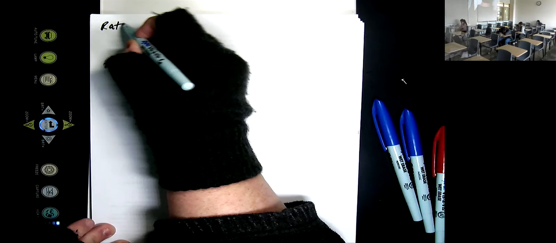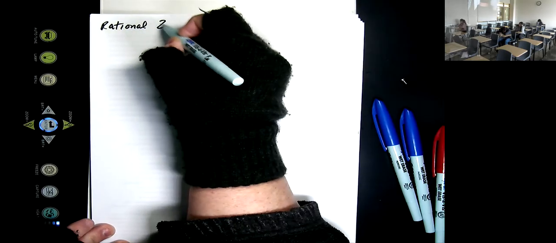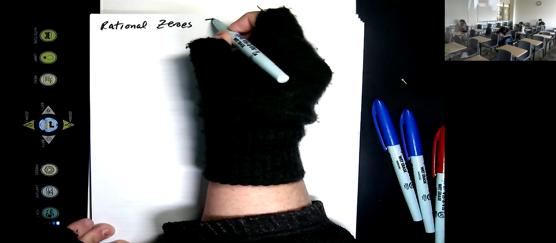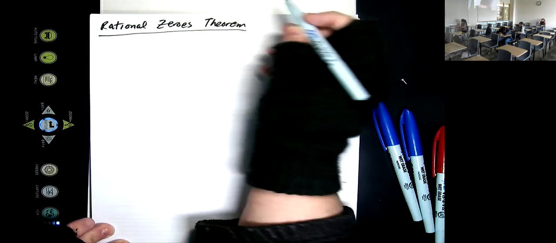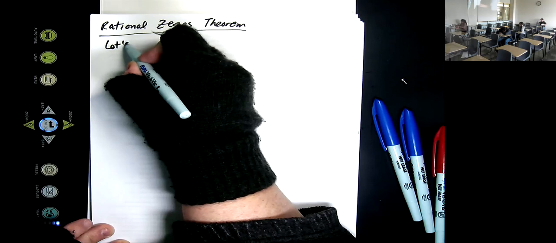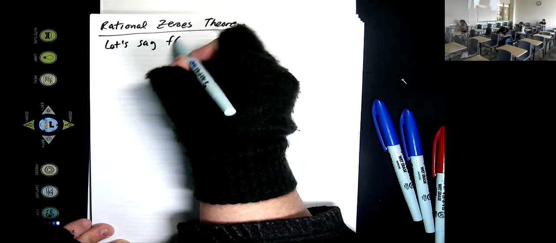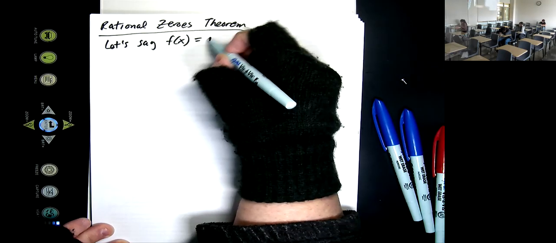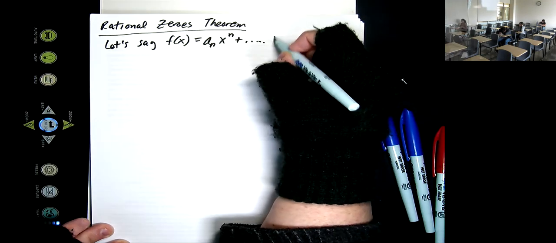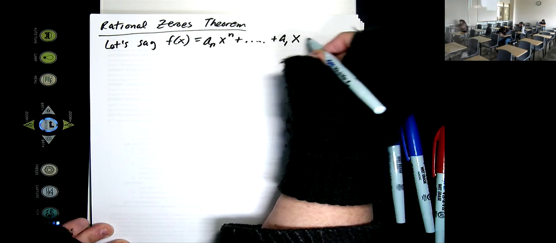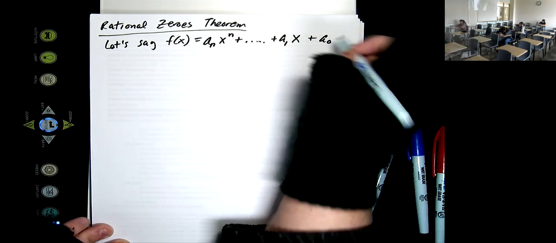All right, so the rational zeros theorem. Let's say f of x equals a sub n x to the n plus dot dot dot a sub 1 x plus a sub 0.